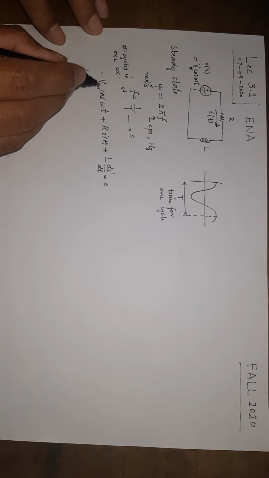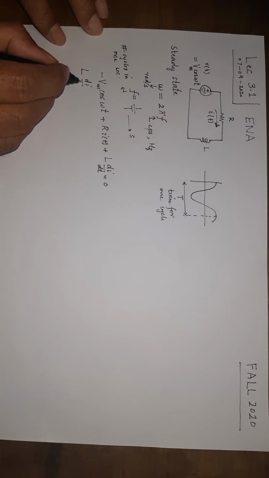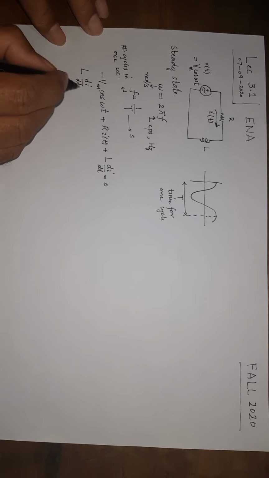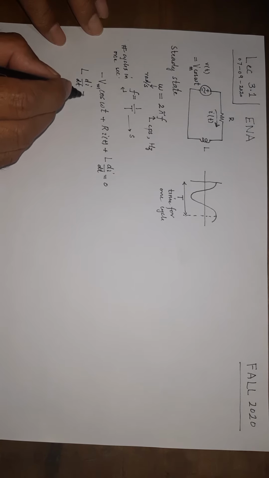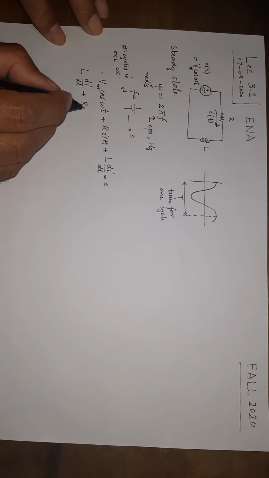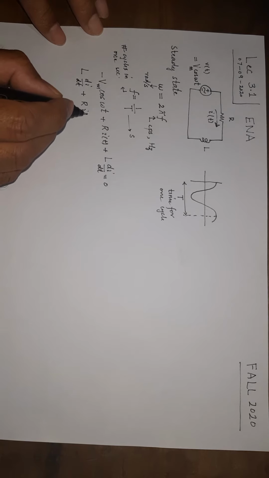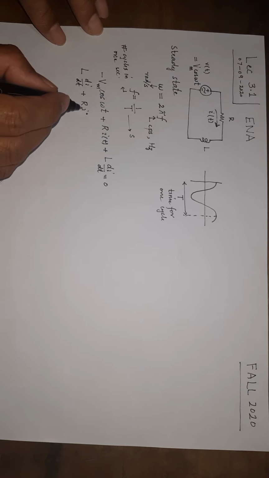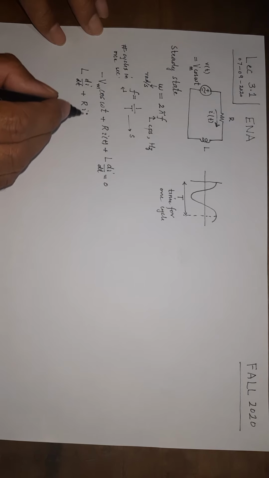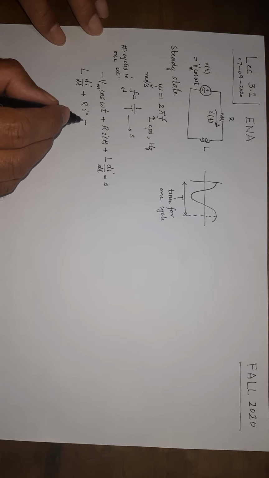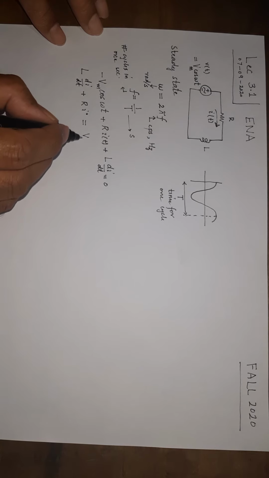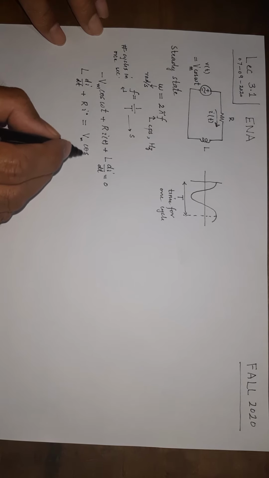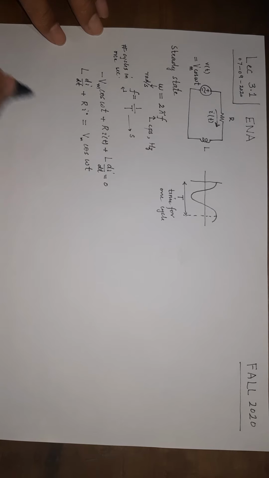Or let us take this to the other side. So we are left with L di by dt, a term with the derivative of current, plus R i(t). I am skipping writing this t. So i, as we know is a function of time, is equal to Vm cos of omega t.